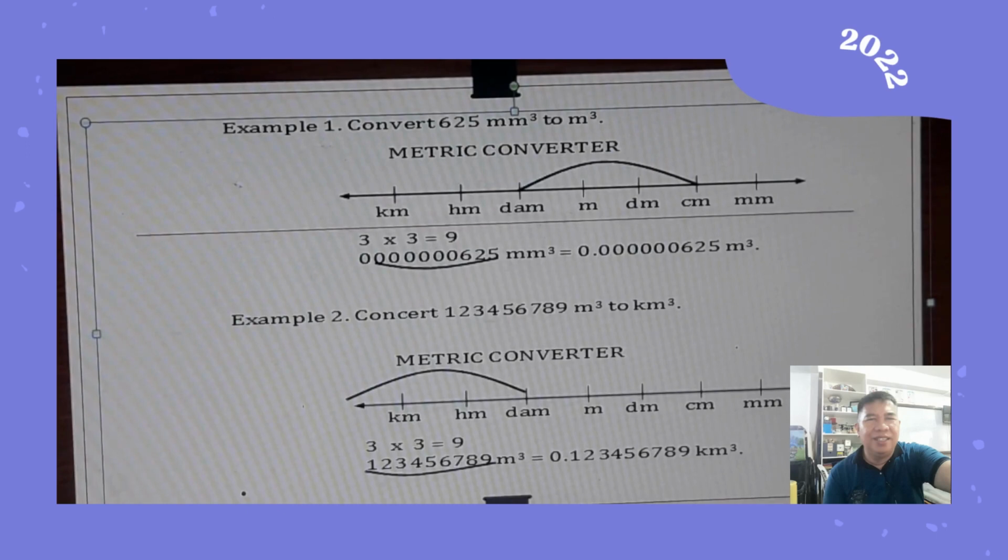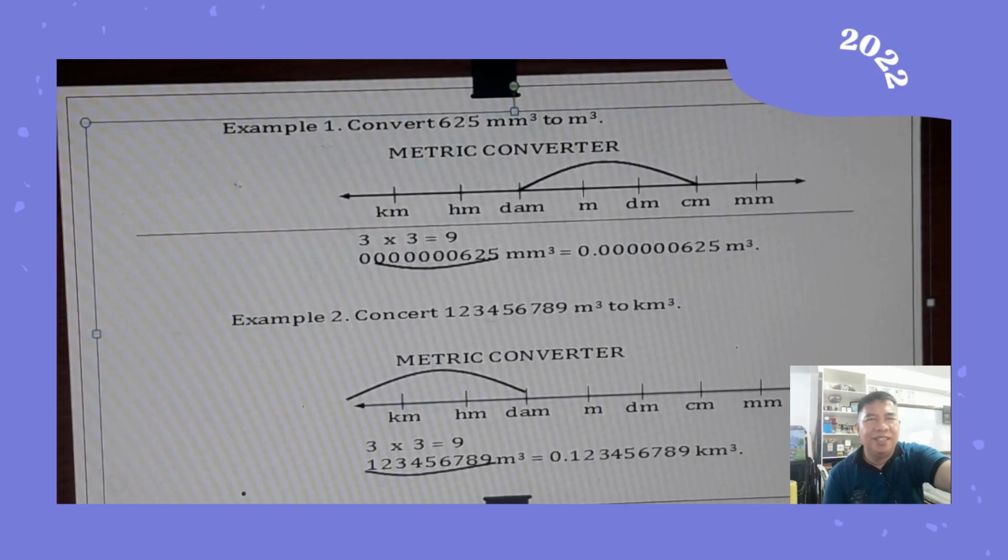Again, we are moving 3 times, so 3 multiplied by 3 is equivalent to 9. That means you're going to move 9 times to the left of the given measure.